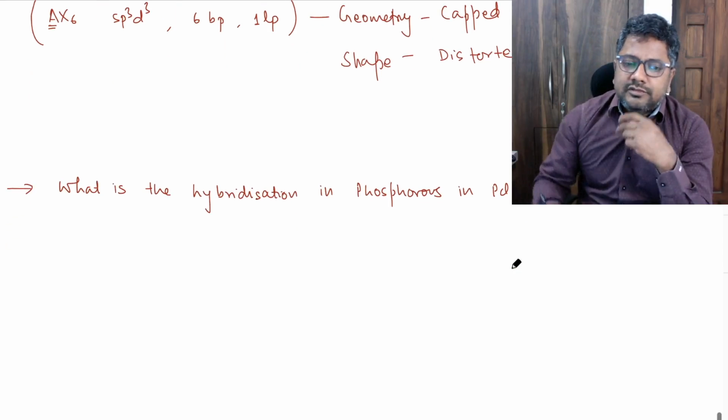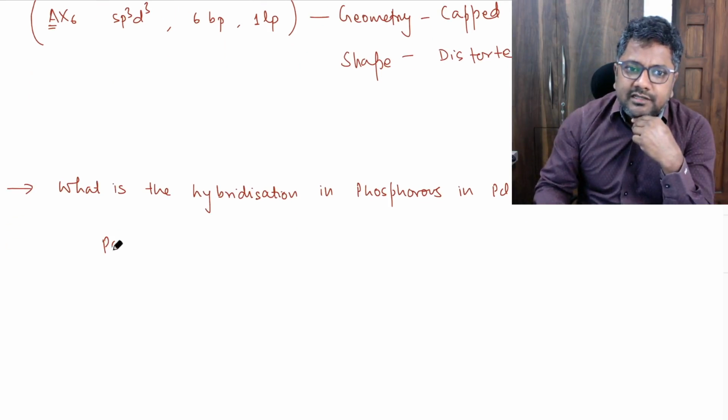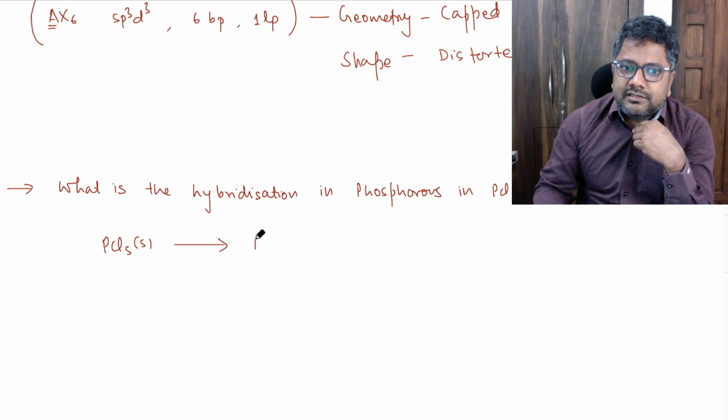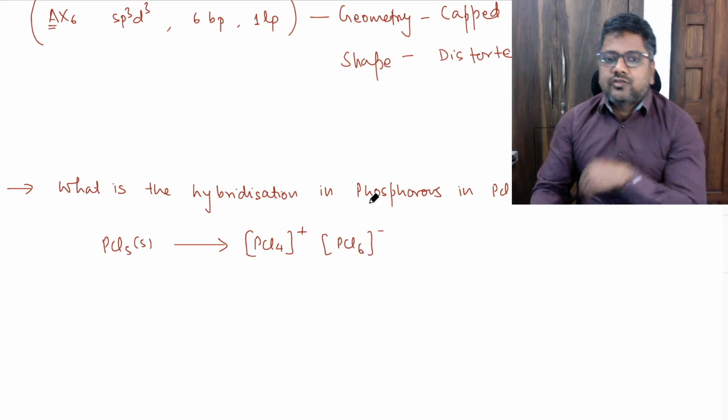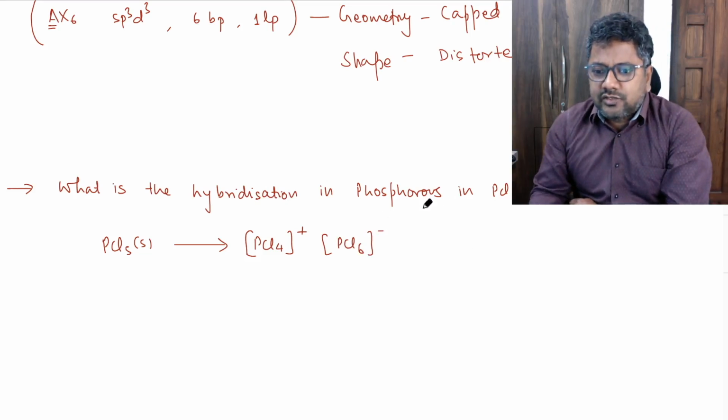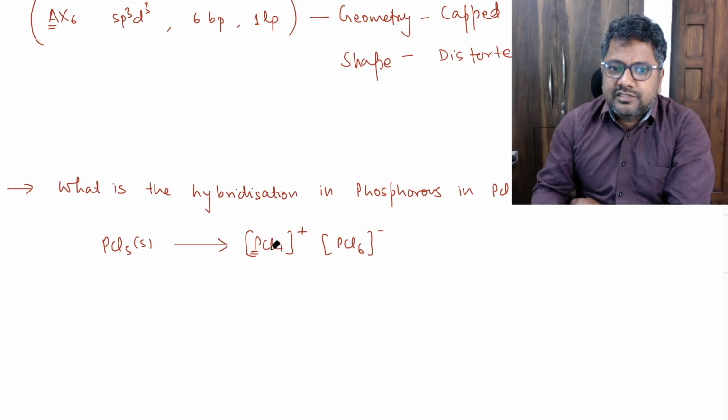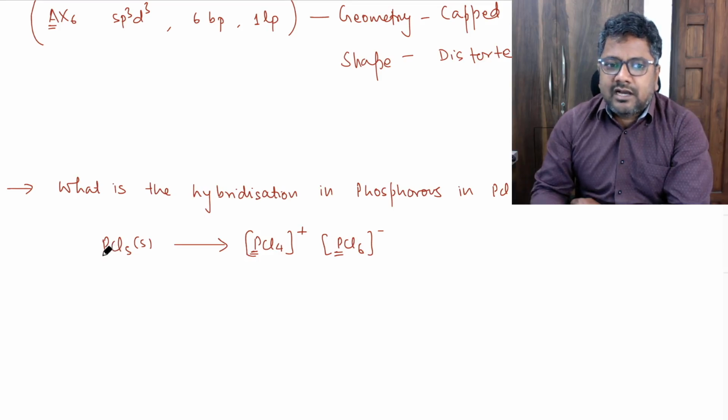So you know this PCl5 basically in solid state exists as PCl4 plus and PCl6 minus. So if such a question is asked, you have to answer for these two, means the hybridization here and here. Don't try to give the answer for the hybridization of PCl5 itself. So it's 2 moles.